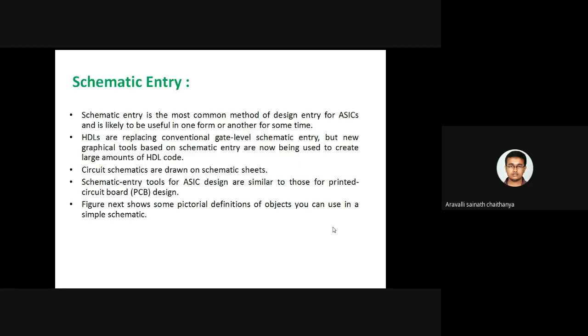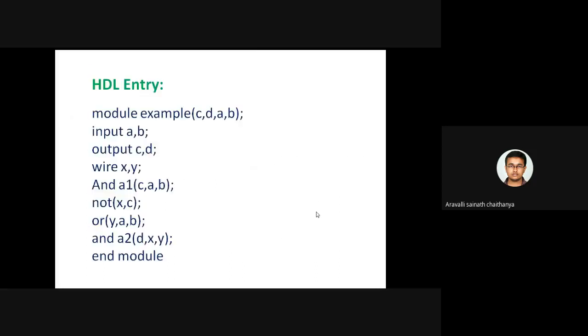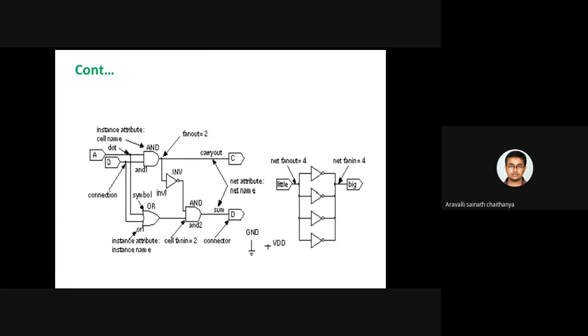So what is the schematic entry? Schematic entry is nothing but picking the transistors or logical gates and interconnecting them such that they achieve the required functionality. You can see here, for example, this AND gate is developed by many transistors, like 6 transistors, and this is also developed by 6 transistors.